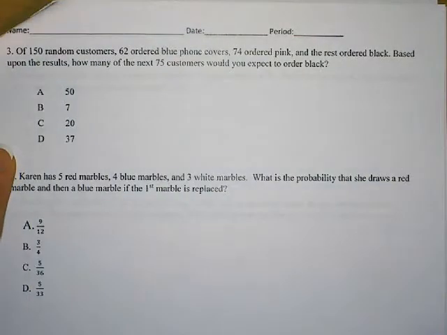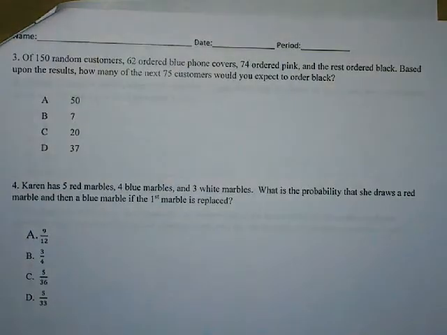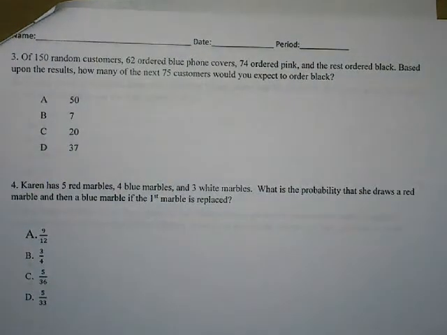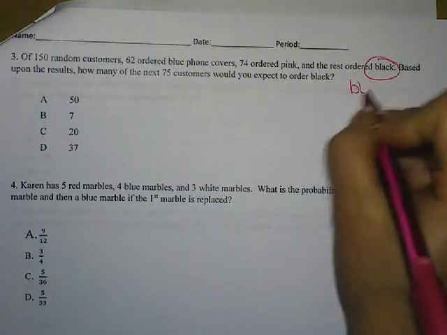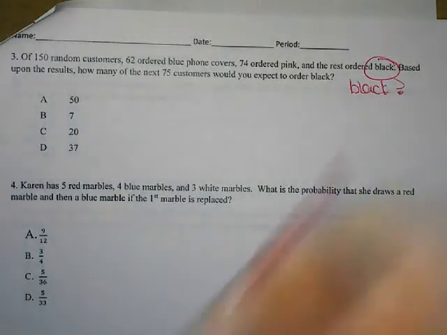Number 3 says, of 150 random customers, 62 ordered blue phones, 74 ordered pink, and the rest ordered black. Based upon the results, how many of the next 75 customers would you expect to order the black? Well, first off, we have to know how many ordered black in the first place.